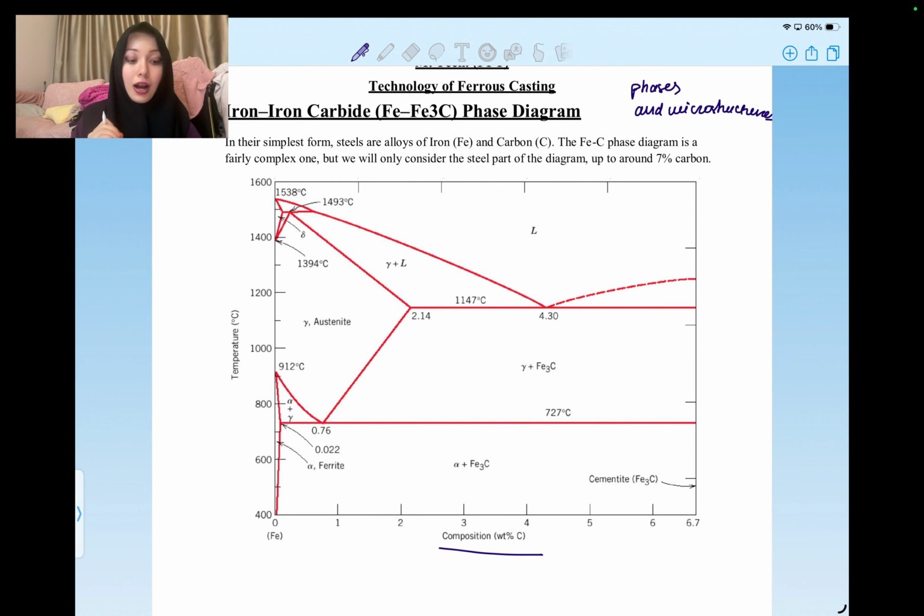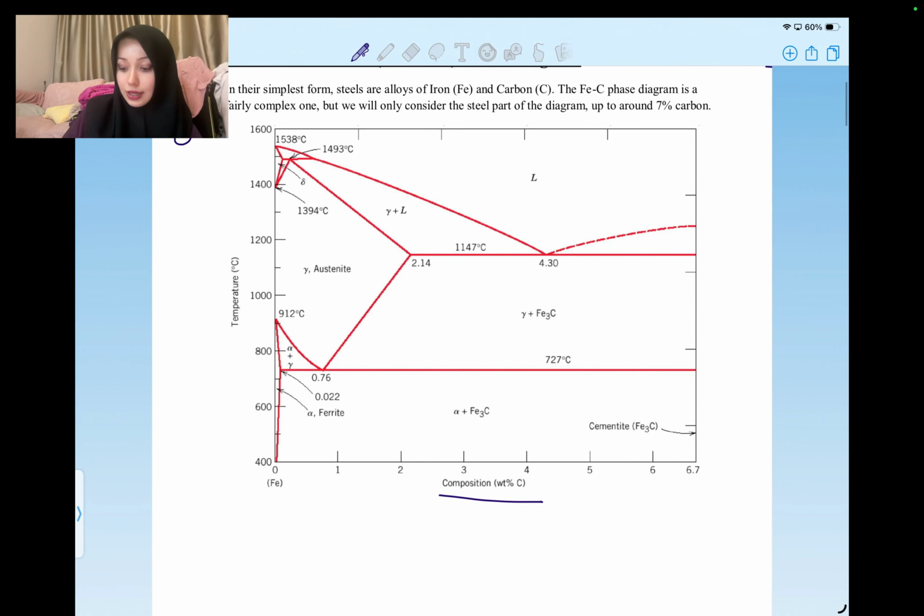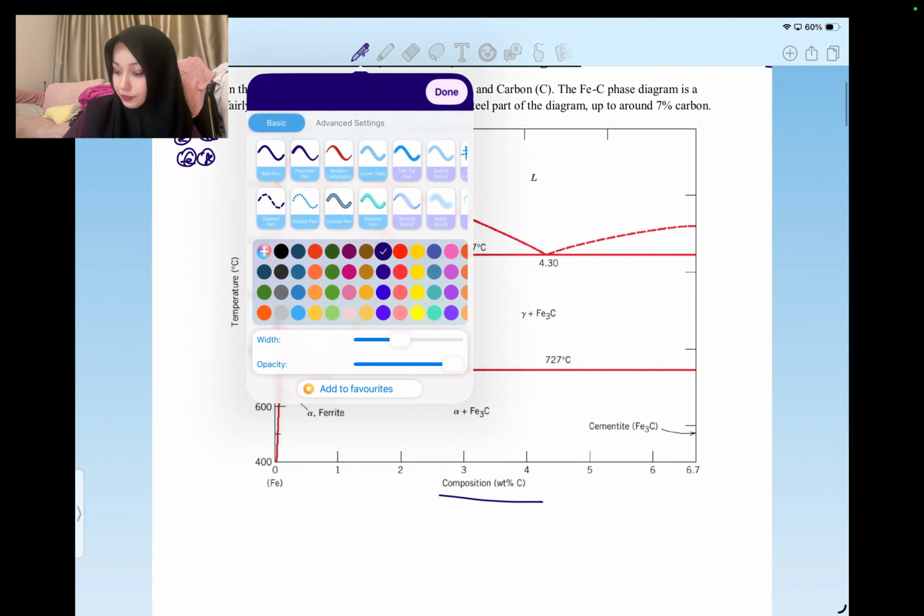Okay, carbon is a strengthener, so if we add carbon, it can make it stronger, because the carbon sits between, like, let's say these are iron atoms, and we have carbon here.